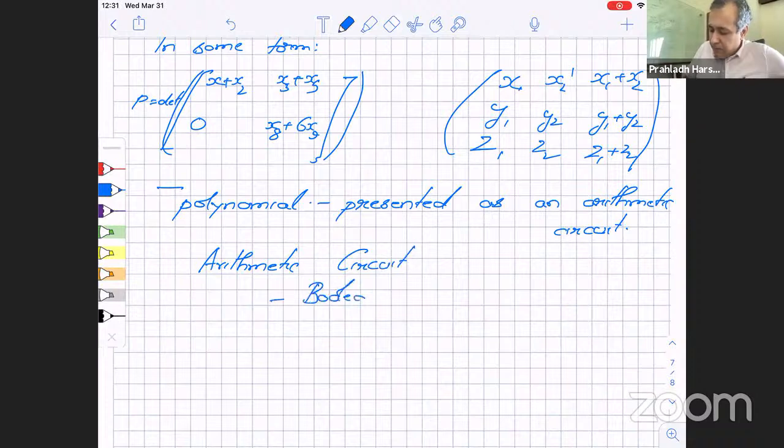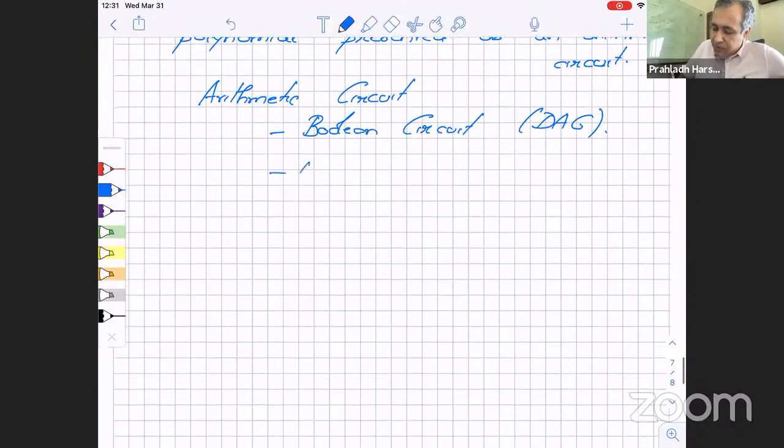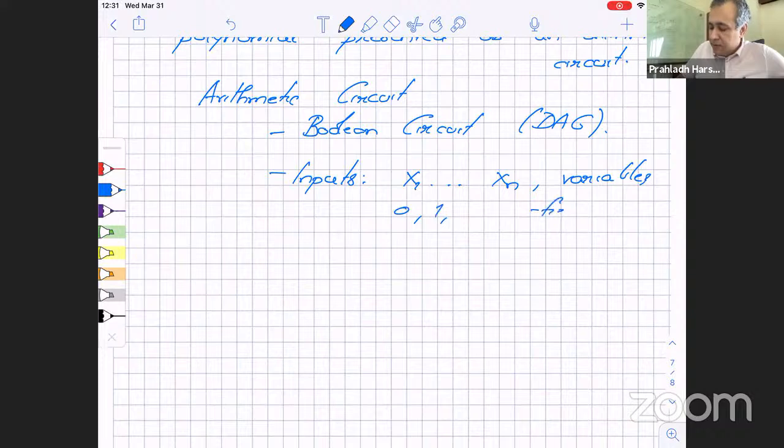It's a DAG. Its inputs are the variables x1 to xn, or field constants, 0, 1.